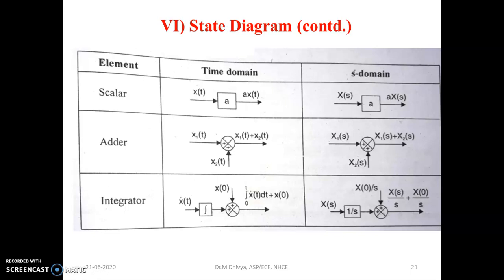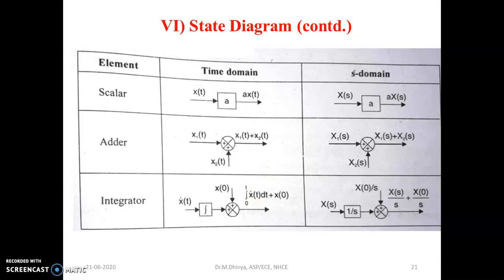Scalar. The scalar is used to multiply a signal by a constant. The input signal x(t) is multiplied by the scalar a to give the output a x(t). So, in time domain, x(t) is the input signal.